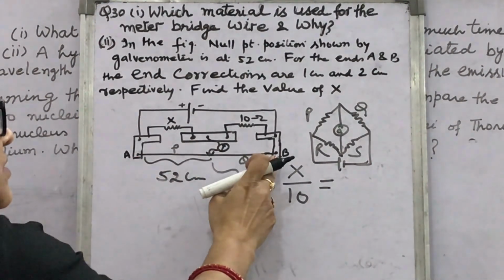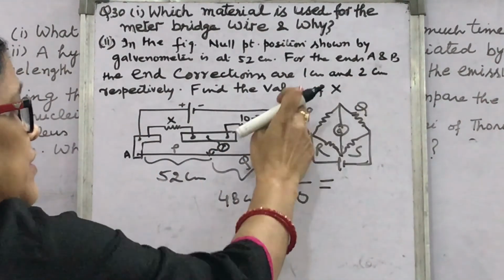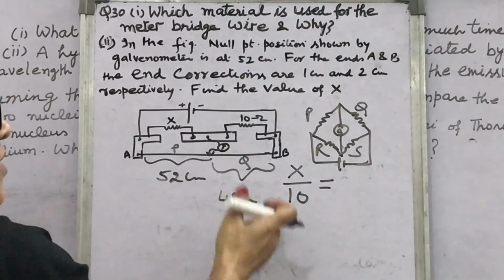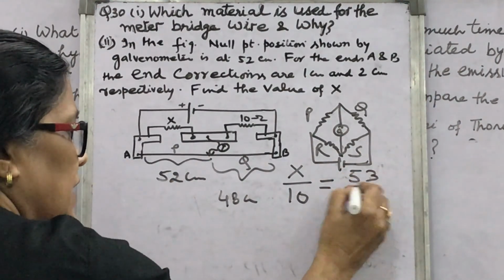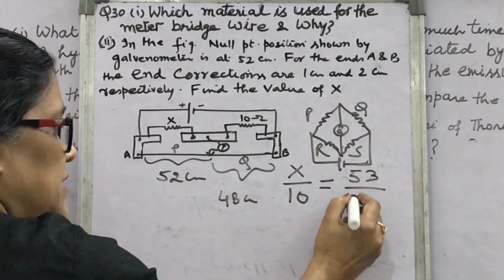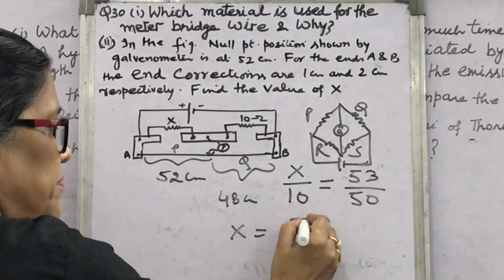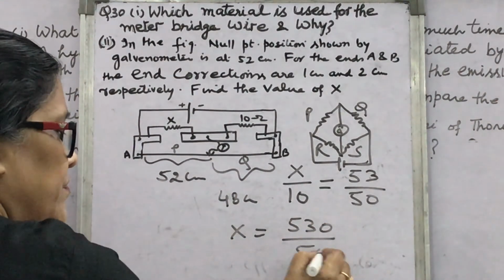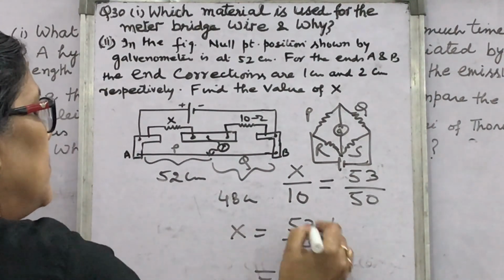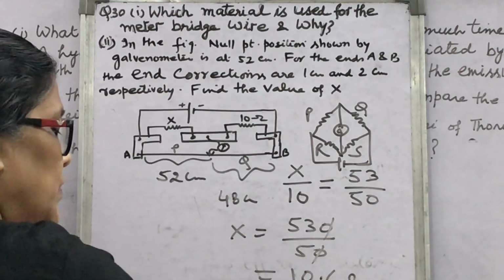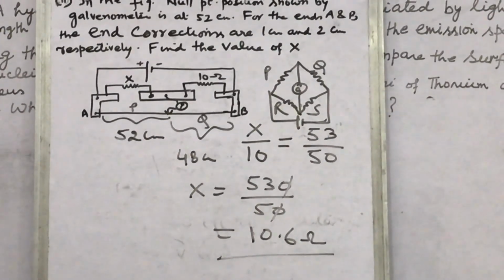Since it is given 1 centimeter at A and 2 centimeter at B, count them. So this will become 52 plus 1, that is 53, upon 48 plus 2, that is 50. So what will be X? 530 upon 50, that is 10.6. What is the value of X? 10.6. In this way you have to solve the questions.